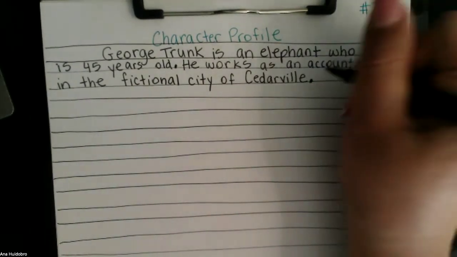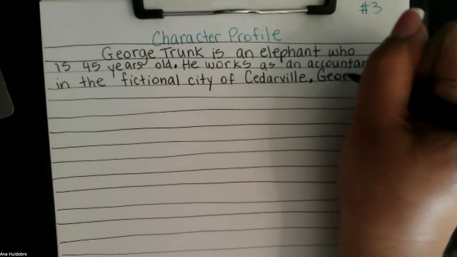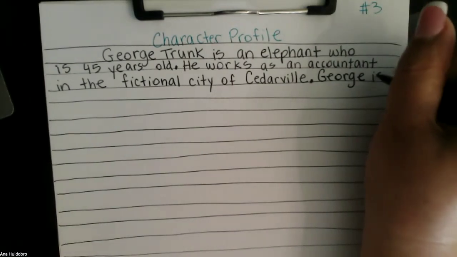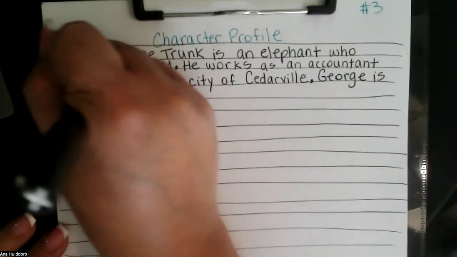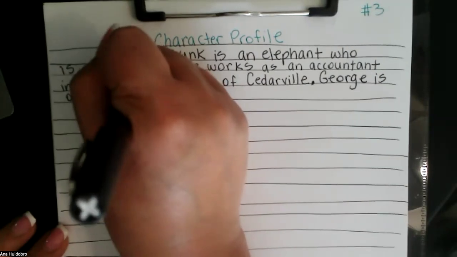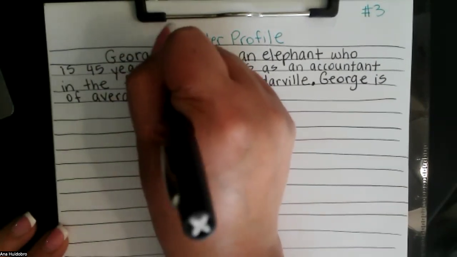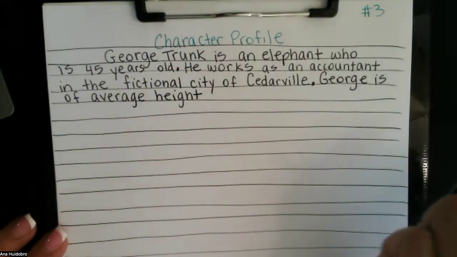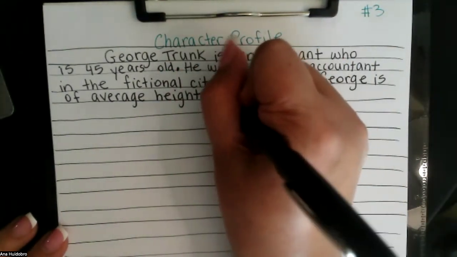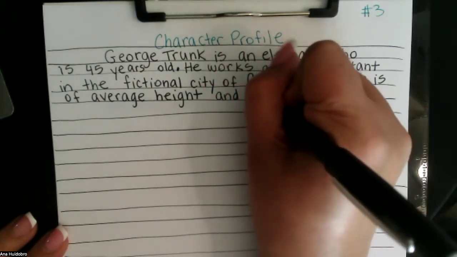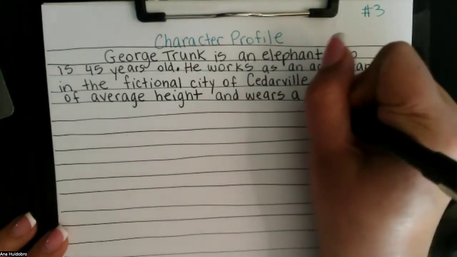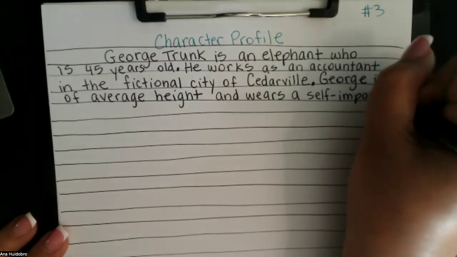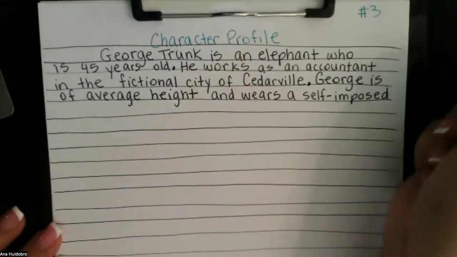George, capital, beginning of sentence, plus it's a name. George is of average height and wears a self-imposed uniform daily. Self-imposed means no one's telling him he has to wear a uniform. He just likes to wear the same type of thing.